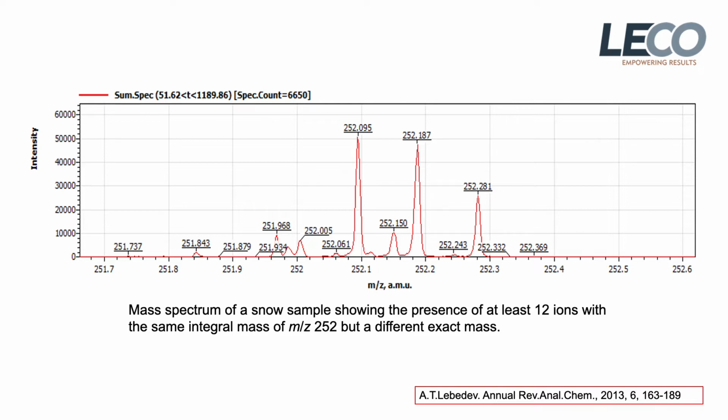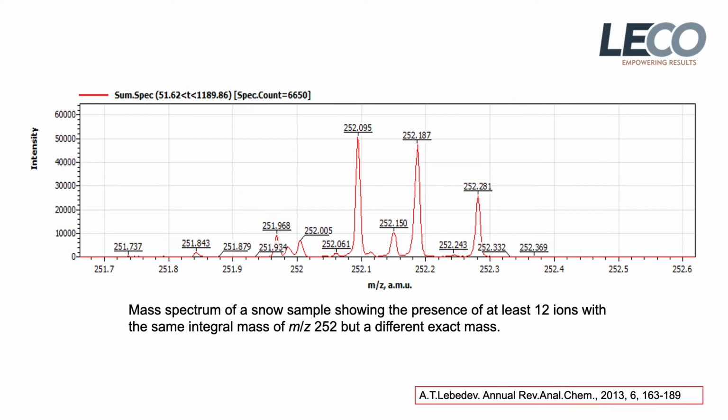But what is interesting, everywhere, I would say in 99% of methods, this compound is detected using the 252 ion, integer mass. But look here, we have 13 different peaks with the same integer mass but different exact mass, meaning that we have 13 different elemental compositions.